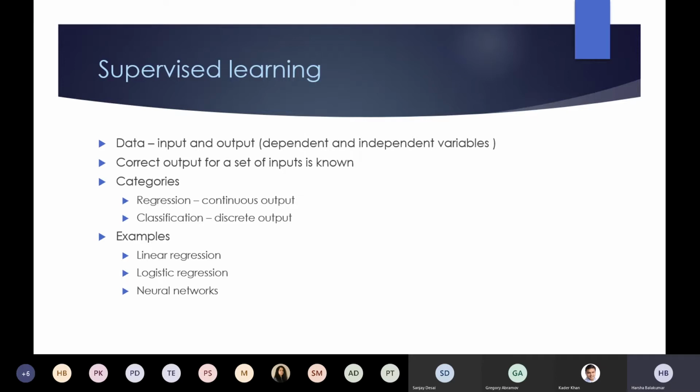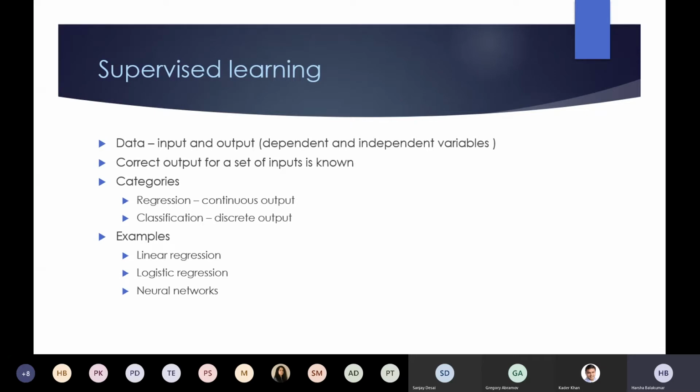And here we are mentioning that there is a correct output for a set of inputs. In this case, we have taken only one input. It could be multivariate also, where you have several inputs coming into play. For example, the built up area of the house, the location, the number of bedrooms, a lot of factors which might influence the output, that is the price. So we have a correct output for a set of inputs.